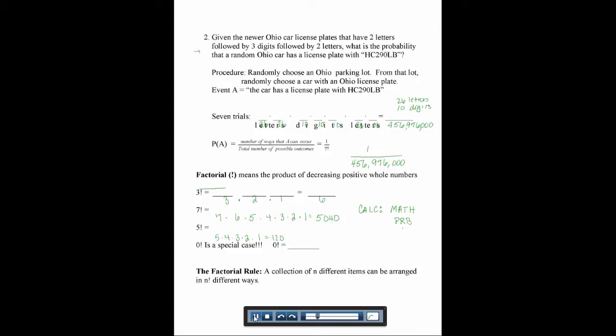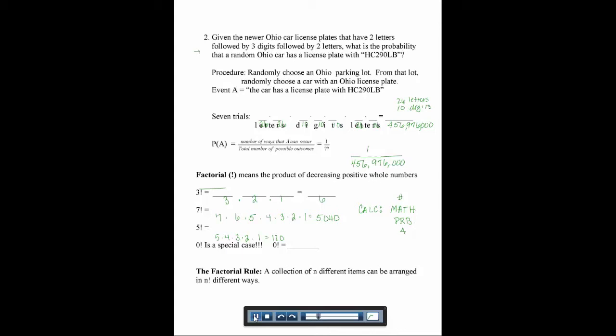Number 4 is an exclamation point for our factorial. You'd want to put in your number first on your home screen. For example, for 5 factorial, you put in 5, then you do math, arrow over to probability, and then hit the number 4. That'll take you back to your home screen with 5 factorial.